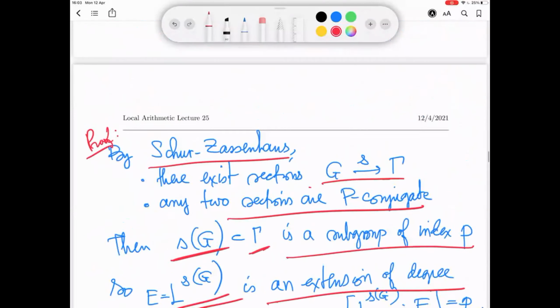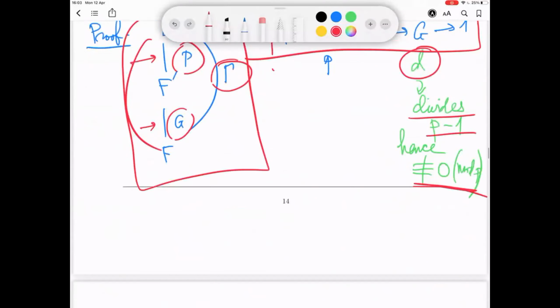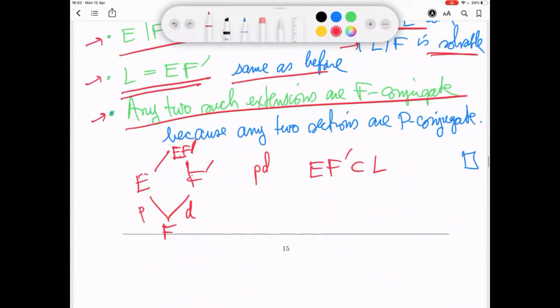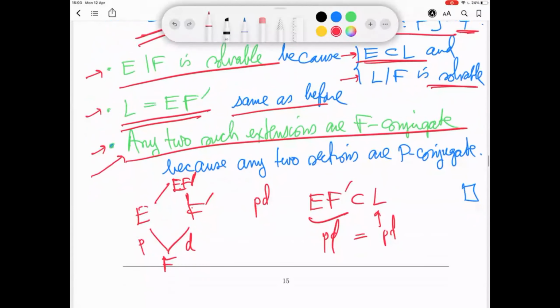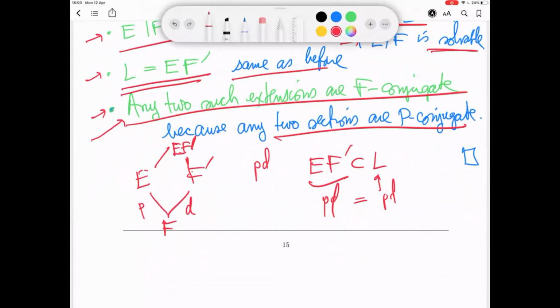Right, L is given to me. And this is of degree p times D. This is also of degree p times D. Therefore, they have to be equal. Why are any two such extensions F conjugate? Because any two sections are conjugate. So this directly follows from Schur-Zassenhaus.